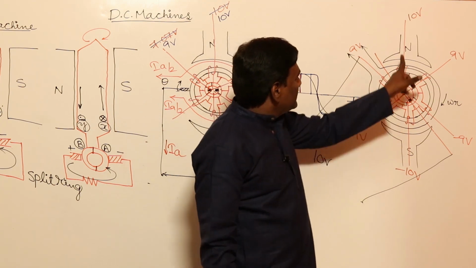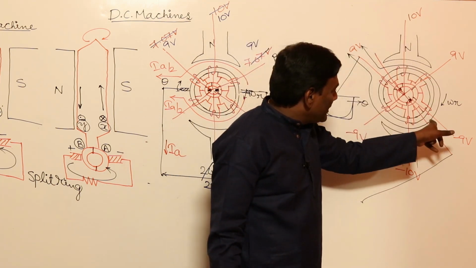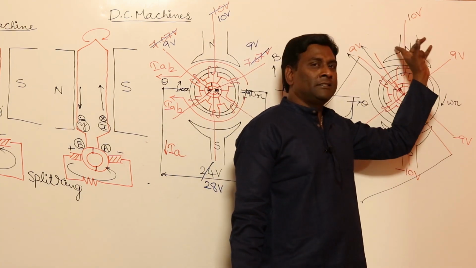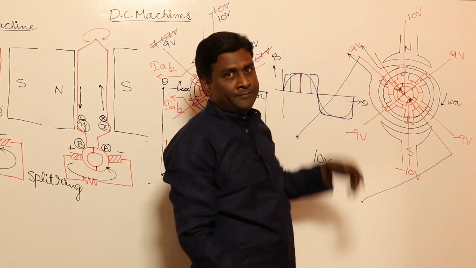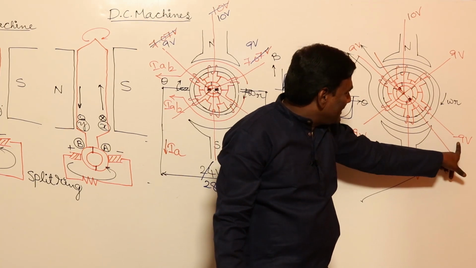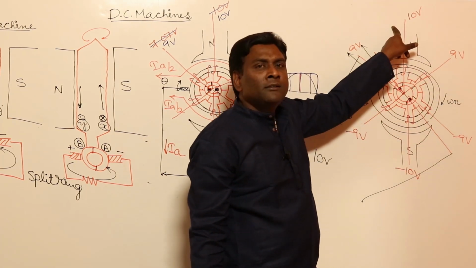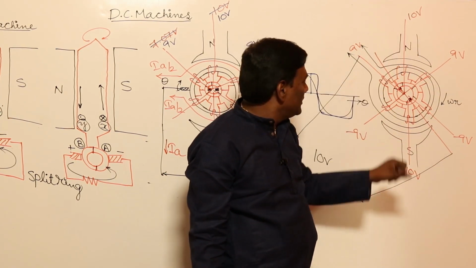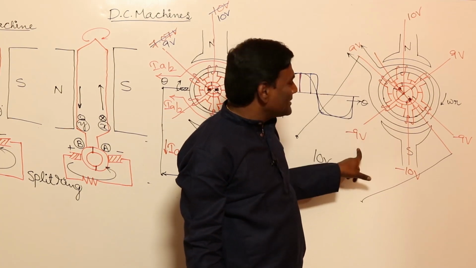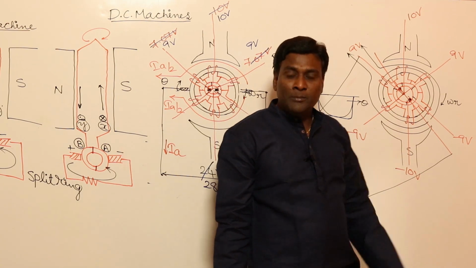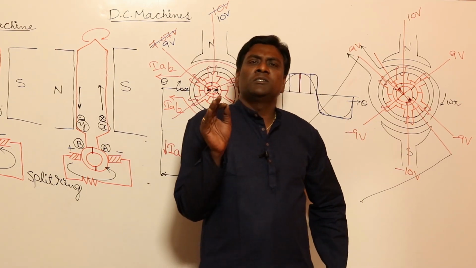Parallel path in the sense that these three are connected in series, and both are connected in parallel. So minus 9 plus 9 plus 10, minus 9 plus 9 will be cancelled. Here also minus 10 minus 9 plus 9, minus 9 plus 9 will be cancelled, such that the output voltage will be 10 volts only. So the logic is very simple.